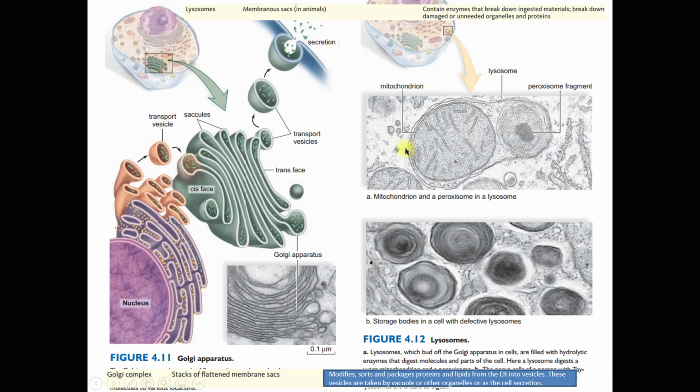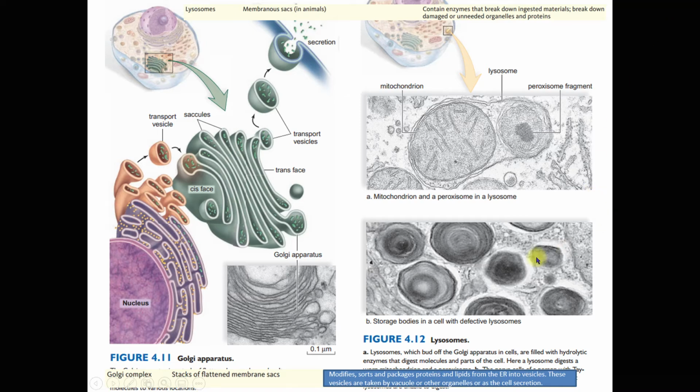Now these lysosomes contain enzymes that break down ingested materials. So I mean to say the lysosome can phagocytose, or eat up, materials or food particles. And then what happens to the ingested materials? They will be broken down into simpler substances, either for the usage of the cell or to be secreted out from the cell.